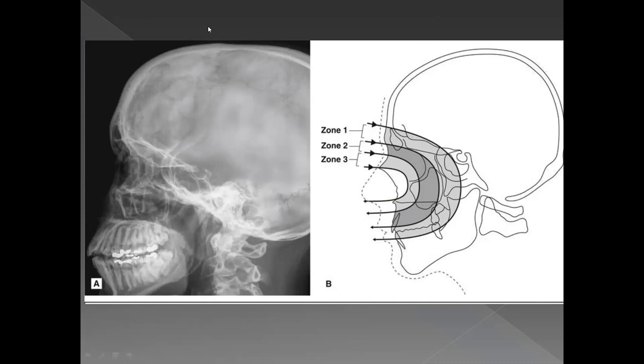I'm sure you've seen a lateral ceph, so this is basically that. The only thing is it's not standardized. You don't have those ear pointers that the patient has to put in their ear and any other markers, so the patient's head position is reproducible in case you want to take an X-ray after a few months just to see the outcome of your orthodontic treatment.